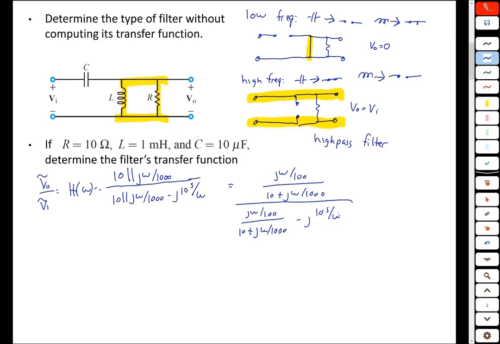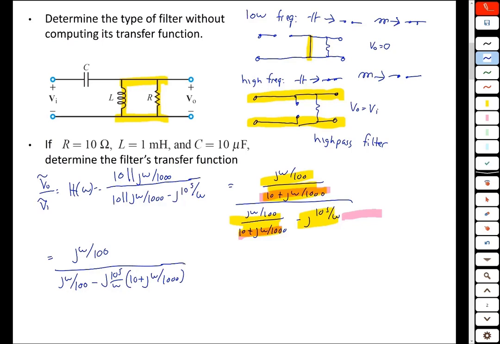From here, what we're going to do is multiply each of these three terms, that one, and that one, by 10 plus j omega over 1,000. So it's going to cancel in that term, it's going to cancel in that term, and then in this term we're going to have to actually multiply that out. So we now get this equaling j omega over 100 over j omega over 100 minus j 10 to the 5th over omega times 10 plus j omega over 1,000.